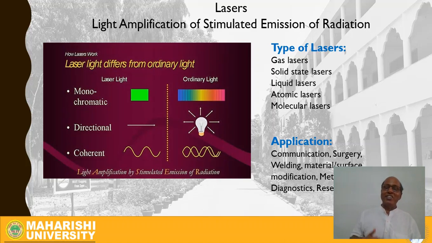Similarly, molecular lasers can be liquid lasers or gas lasers also, right? So there are different types of lasers, and each has different characteristics in terms of output power, directivity, and efficiency. These are the things which we'll be discussing.